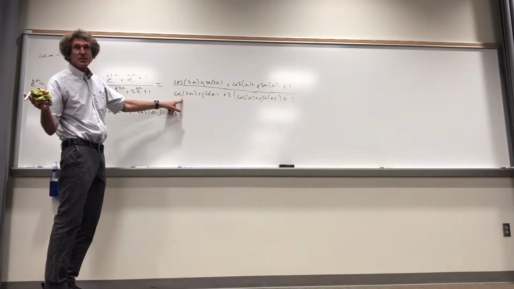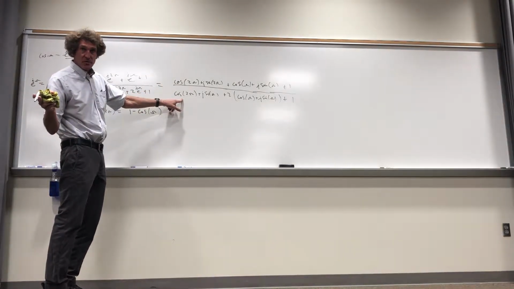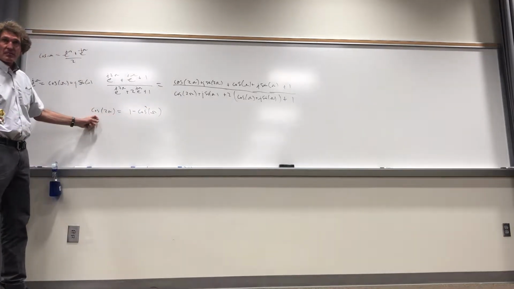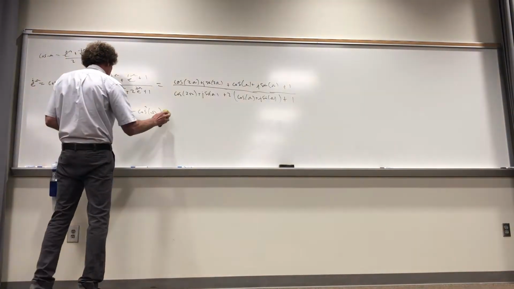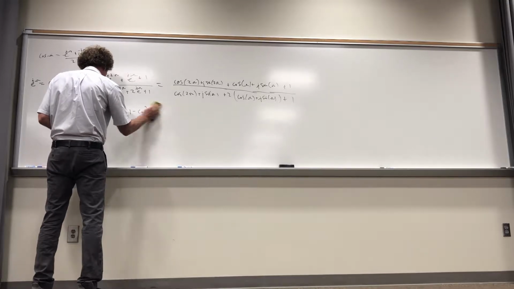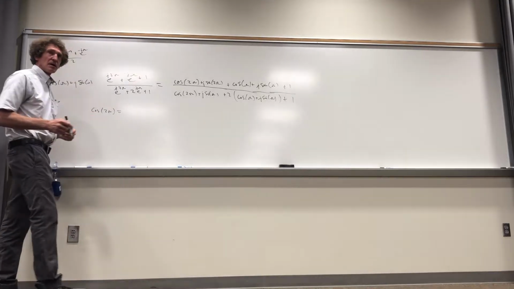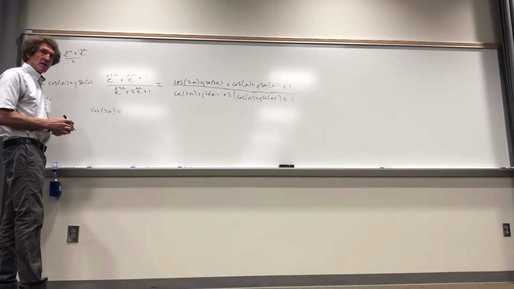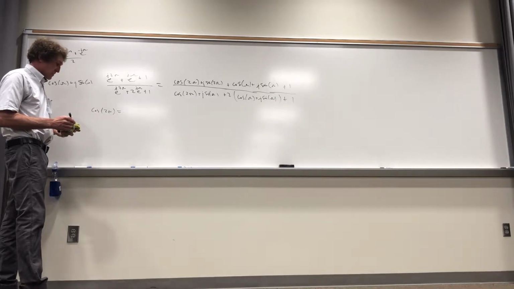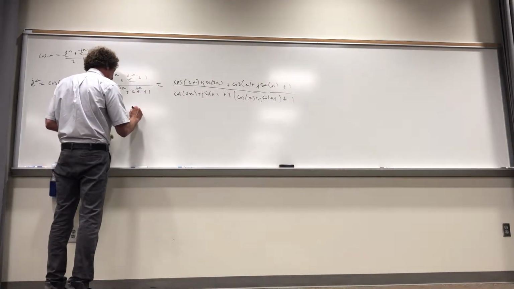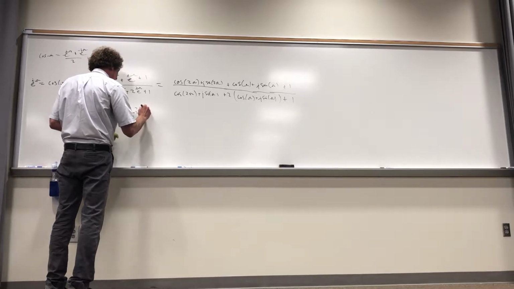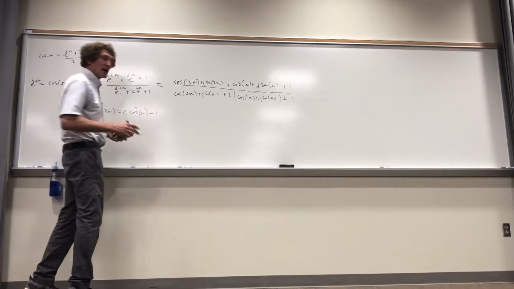Wait, that identity is not right. It's 2 cosine squared minus 1. Cosine of 2θ is equivalent to 2 cosine squared θ minus 1. You're right, it's 2 cosine squared of ω minus 1. I stand corrected.